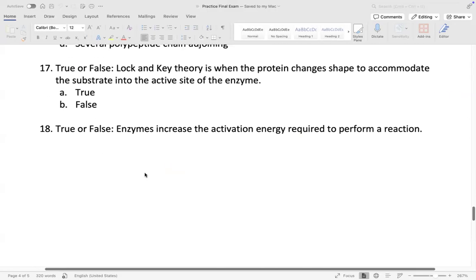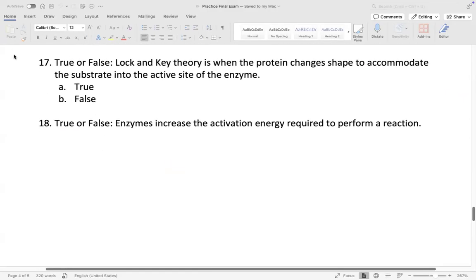All right. Couple true false here. Lock and key theory is when a protein changes to accommodate the shape of the substrate. So the big word there is changes. Like the name lock and key, the theory is when the protein and the substrate are an exact fit.